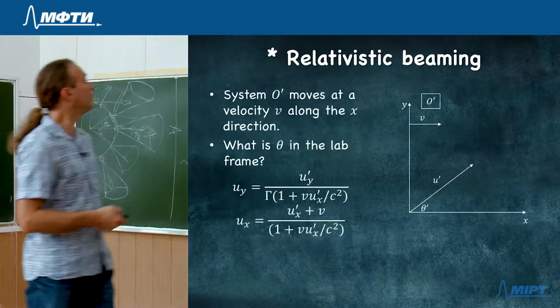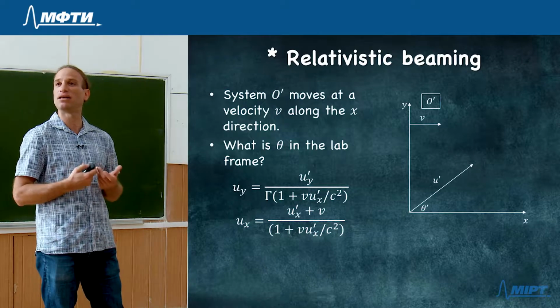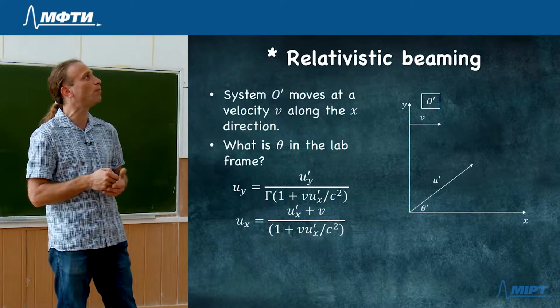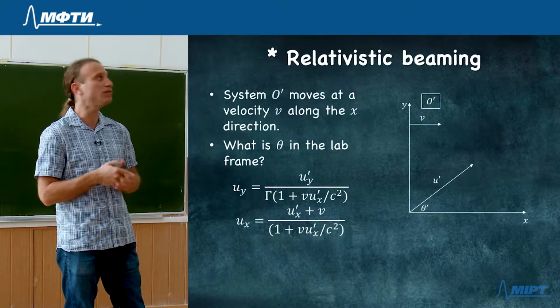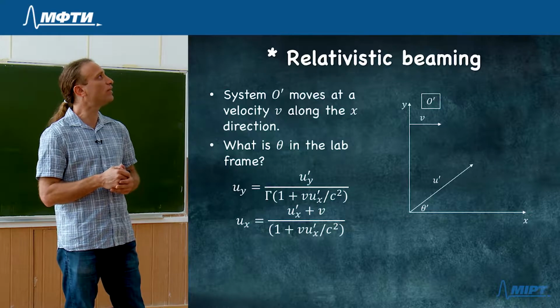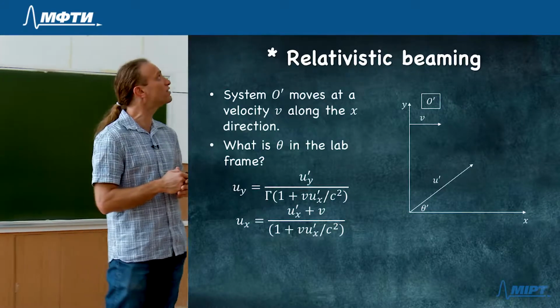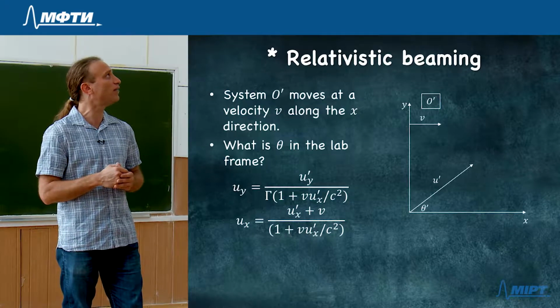So I have the velocity u, and I can decompose it into two components, a perpendicular component and a component along the line of sight. So uy will be the Lorentz transformation of the velocity in the perpendicular direction, this.